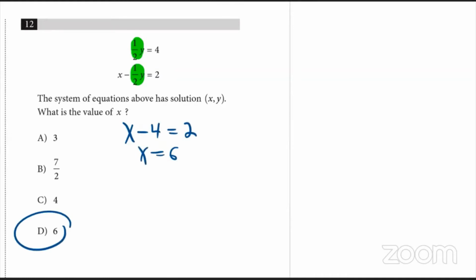So that's just so easy that we can maybe do this question a little differently than how we normally do linear systems of equations. Going over to number 13 now.